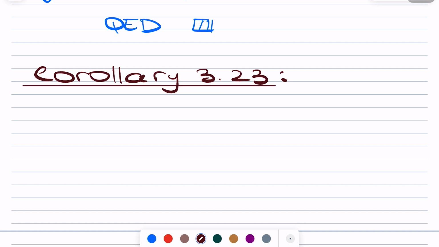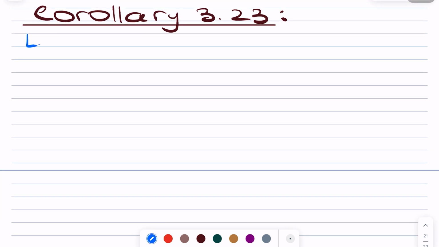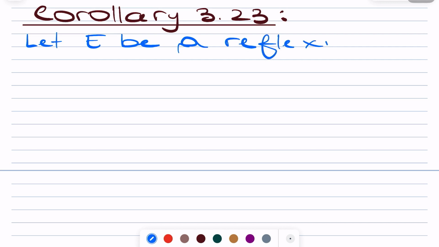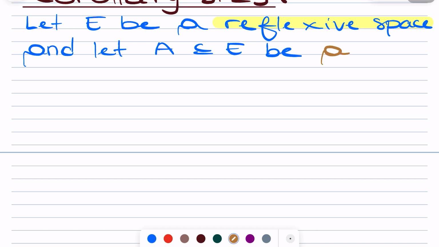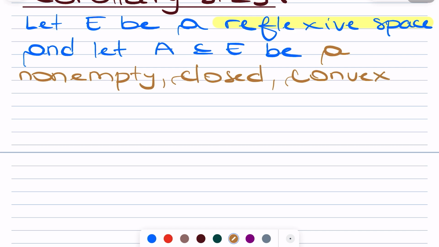Let E be a reflexive space, and let A be a non-empty closed and convex subset of E.